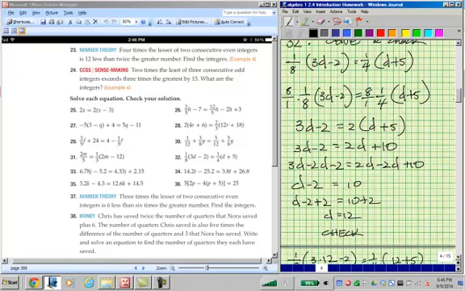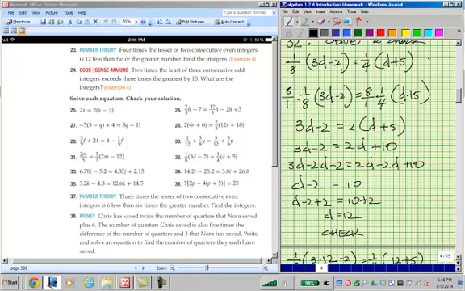32, solve and check. Okay, now we start out with 1/8 times 3d minus 2 equals 1/4 times d plus 4. To simplify this, I multiply both sides by the common denominator, which is 8. So I get 8 over 1 times 1 over 8 times 3d minus 2, which just turns into 3d minus 2.